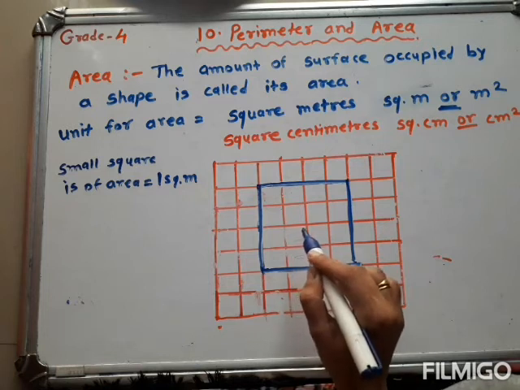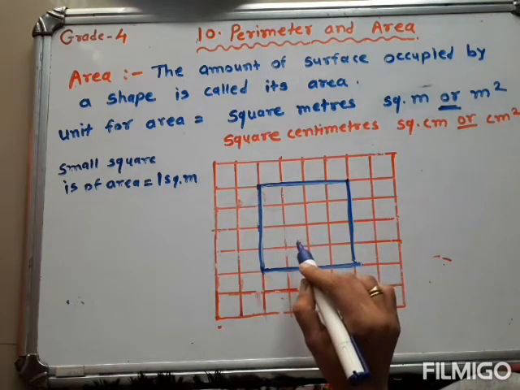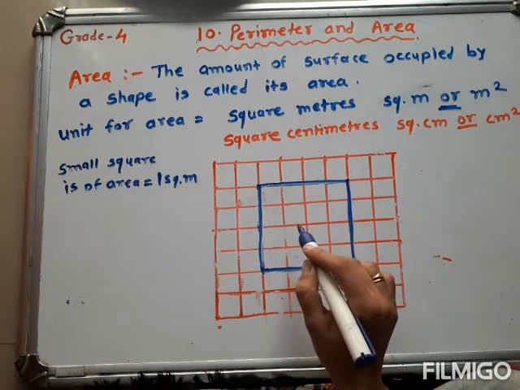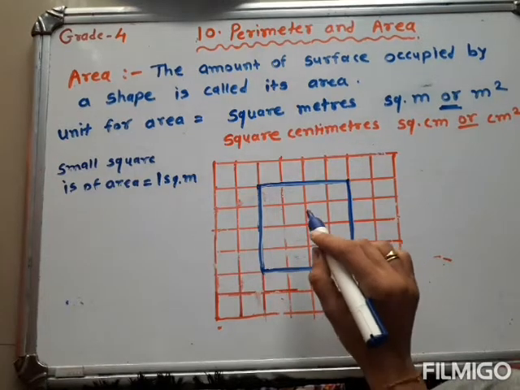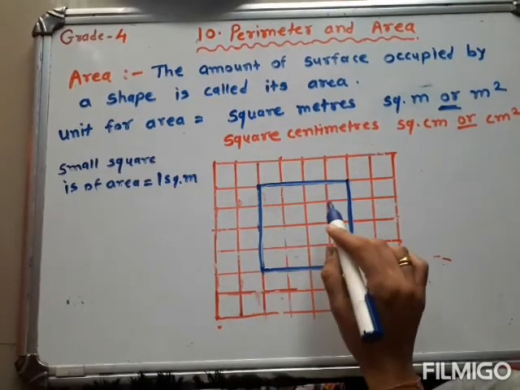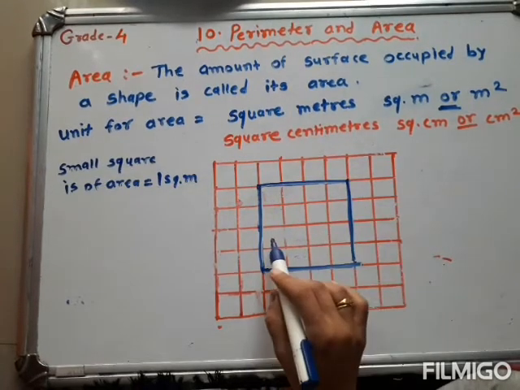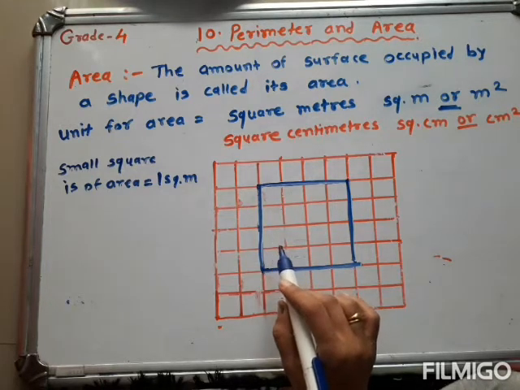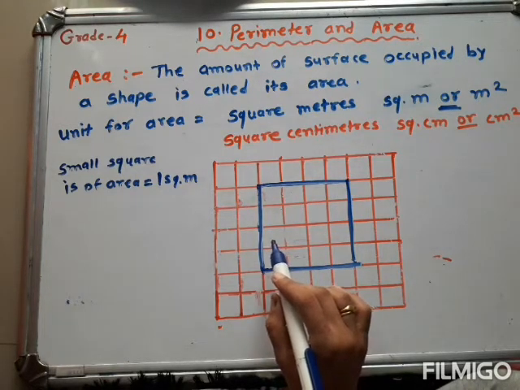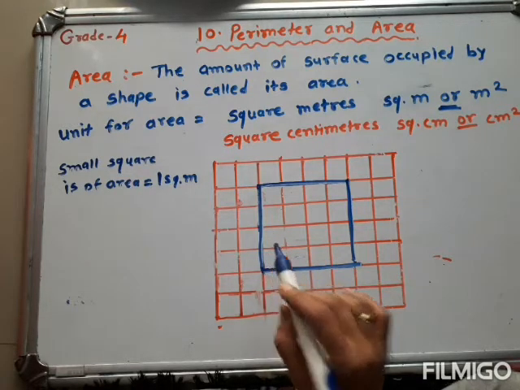Now how to find the area of this figure? To find the area of a figure, we place it on graph paper. Suppose this is graph paper, and trace the shape on it. Here we trace the shape of a rectangle and count the number of squares that are covered. The number of unit squares inside the traced figure gives the area of the shape.